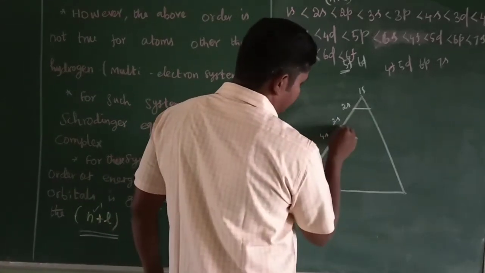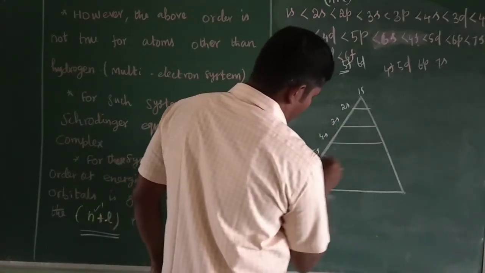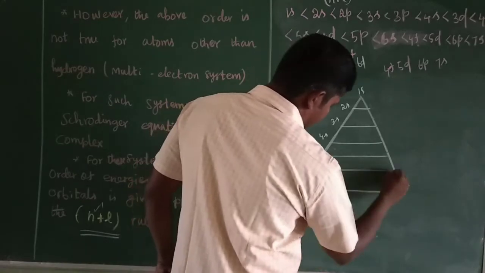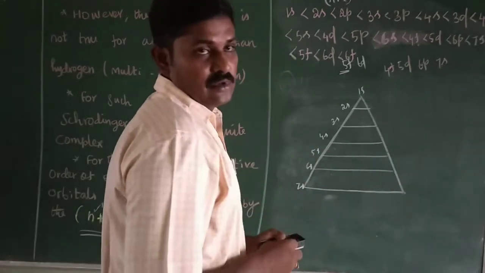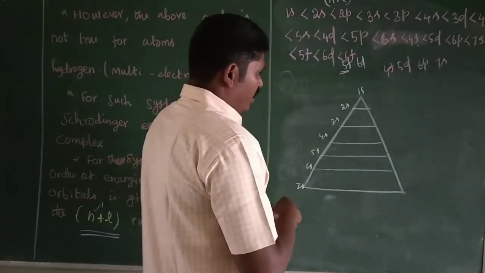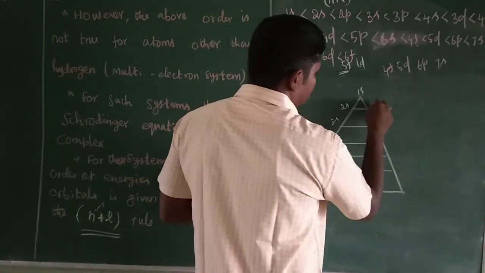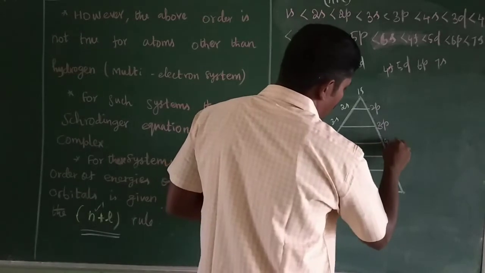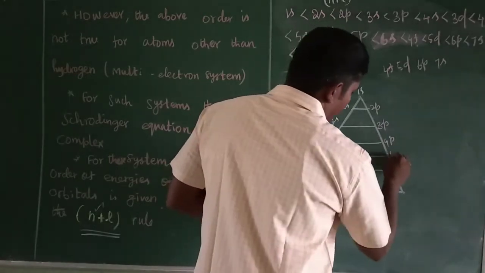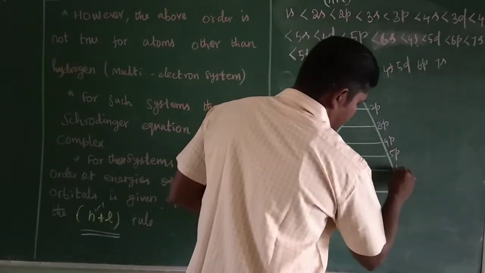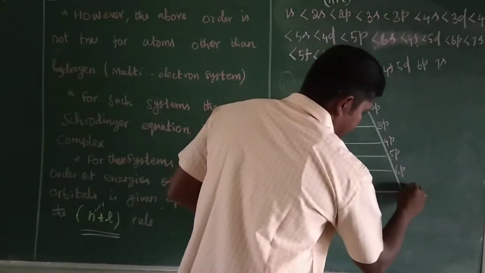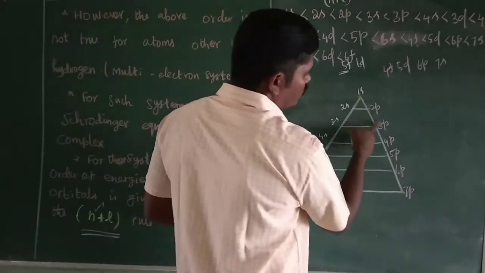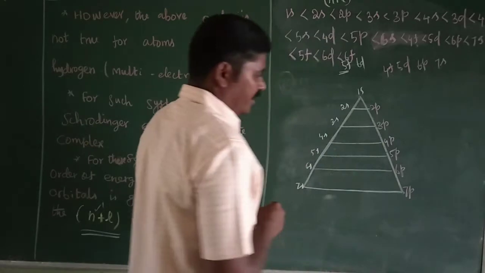In the p orbital column, write 2p, 3p, 4p, 5p, 6p, 7p.